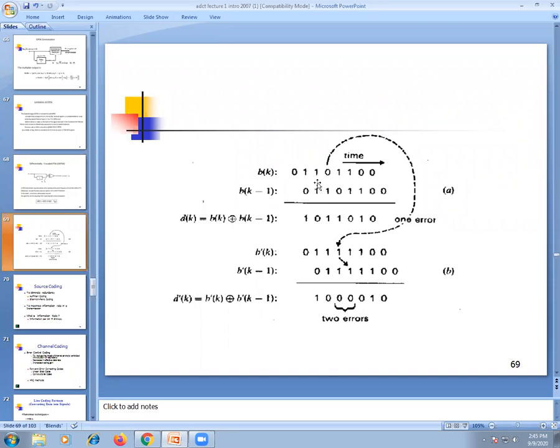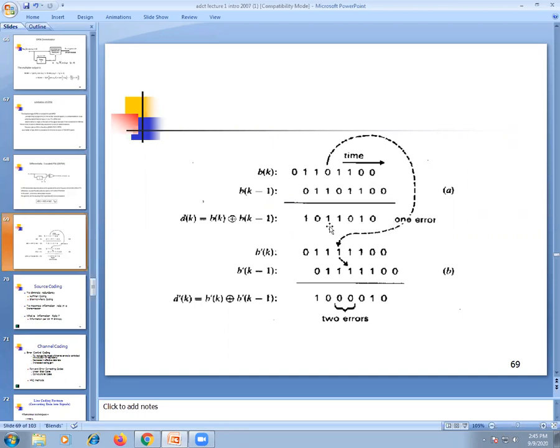The single bits are left. Now the XOR output D of k is 1 0 1 1 0 1 0 1 0 1 1 0 1 0.